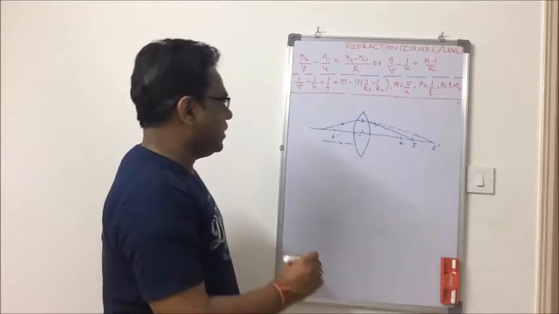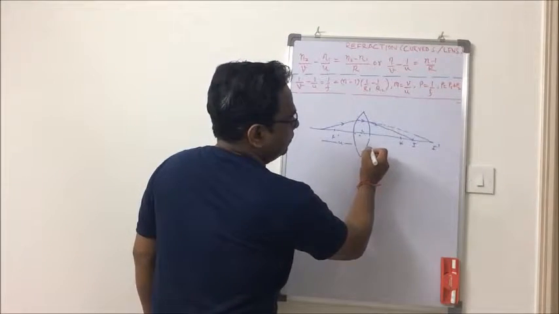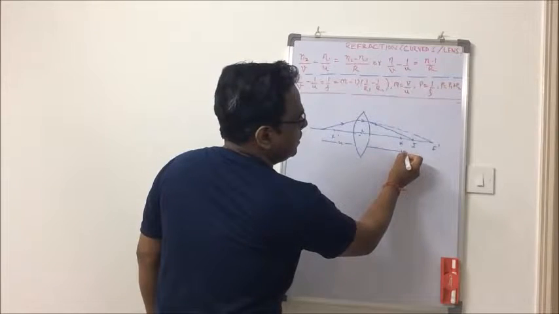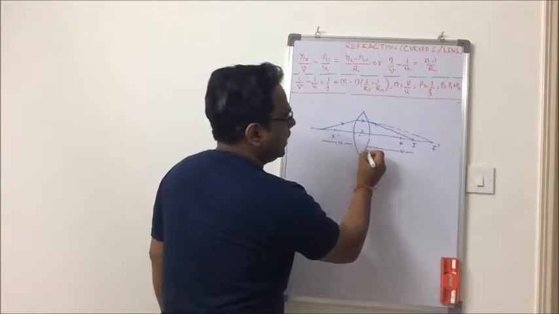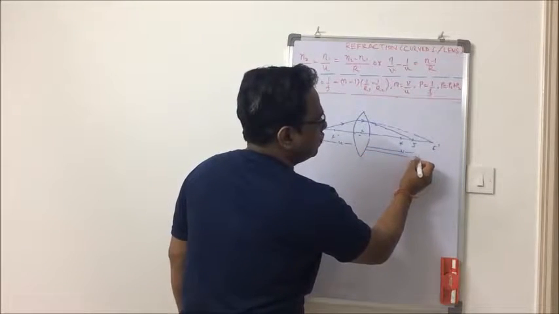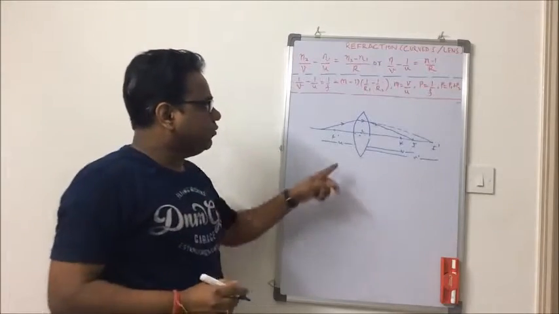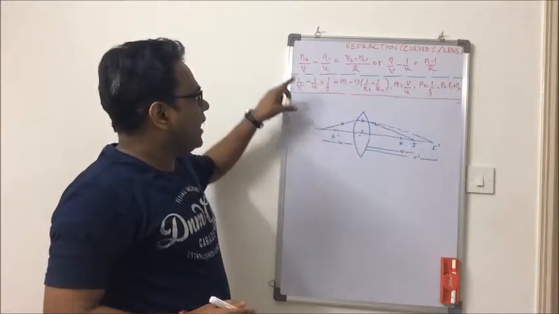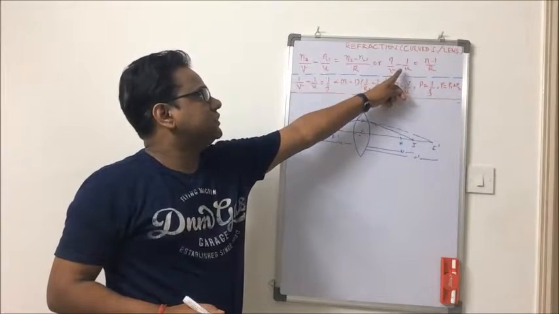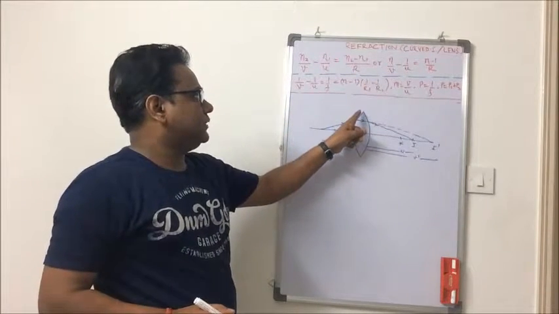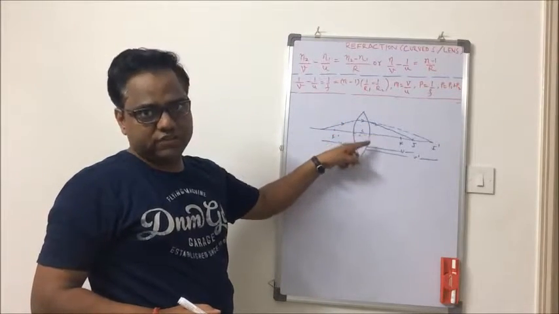Okay, so here let's take the final image as V, and we have to find the relation between V and U, and the I dash is V dash. So what we will do is apply this curved surface formula, first at the convex surface and then at the concave surface.